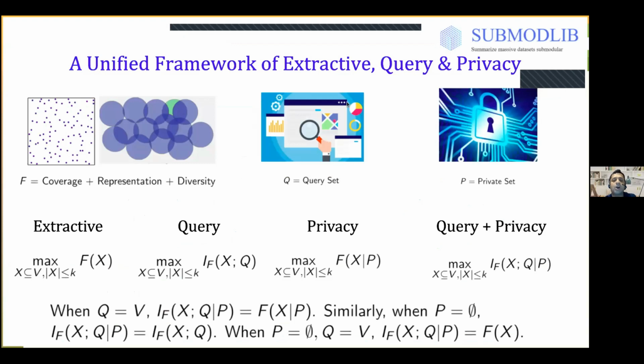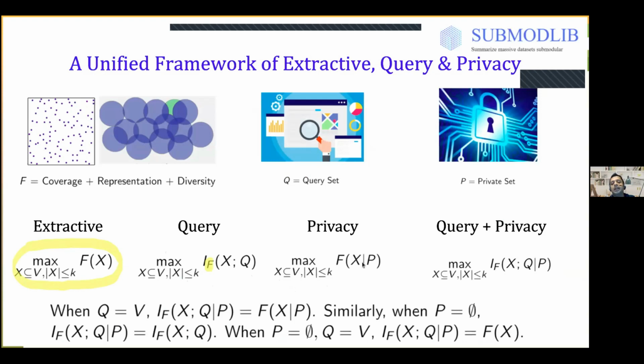So Submodlib presents a unified framework of extractive, query, and privacy preserving subset selection. In the extractive case, you're trying to maximize the submodular function, subject to a subset constraint. In the query sensitive subset selection, you're trying to maximize a mutual information function for any reasonable choice of F, the submodular function, the recipe that we have provided.